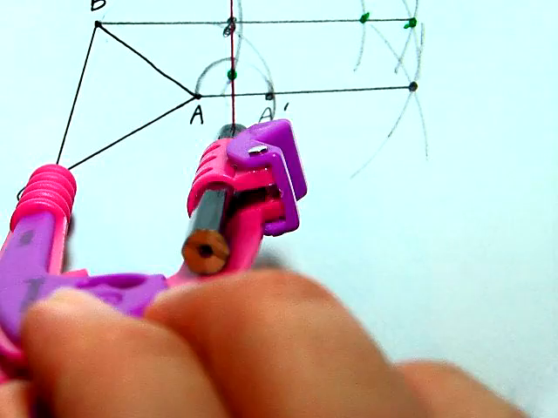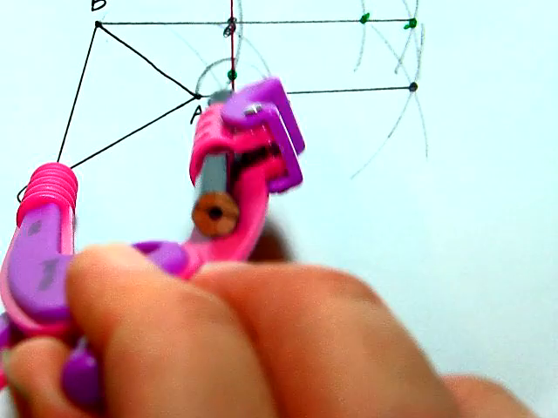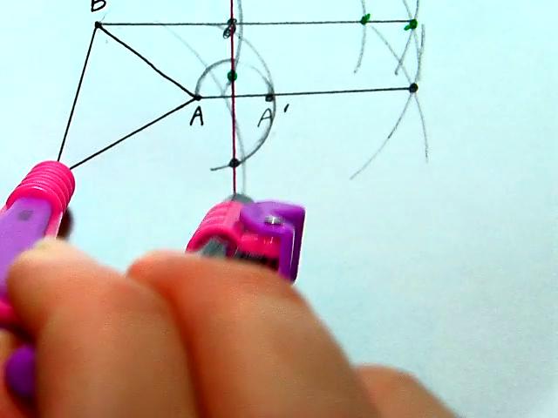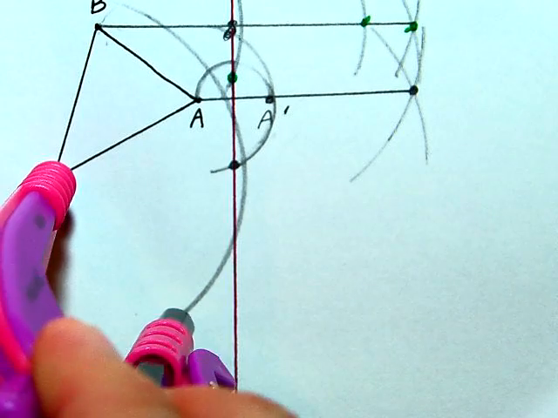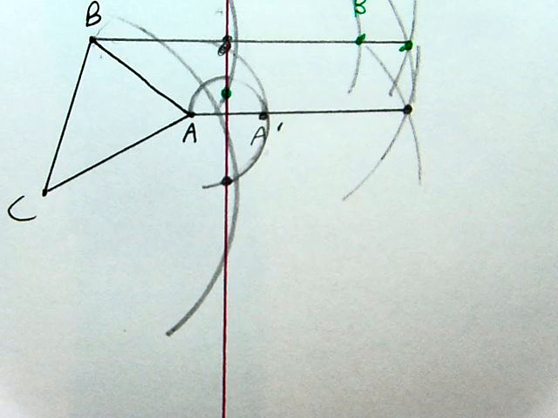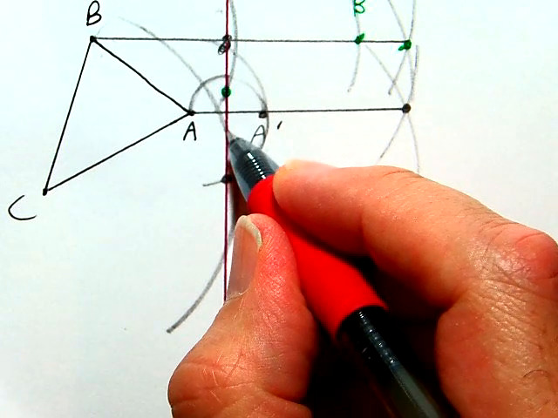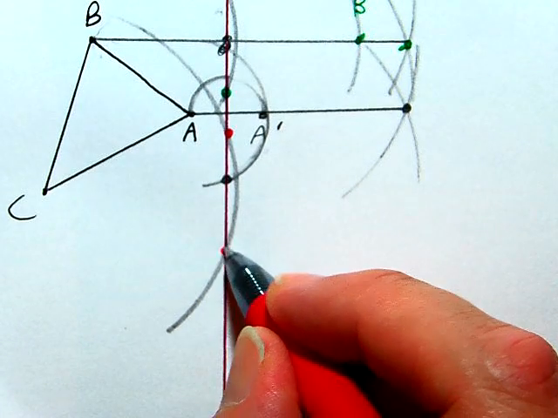Let me draw the arc. Okay, good. So let me now label my two intersection points. Let me use maybe red for this one. We have one intersection point over here. And we have another intersection point over here.